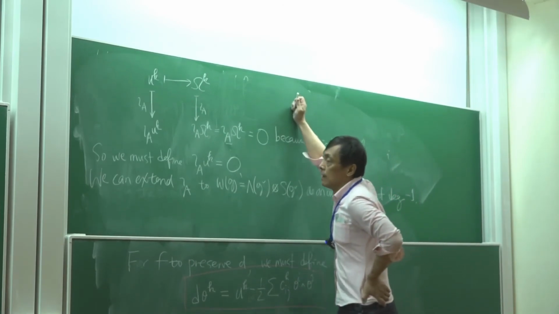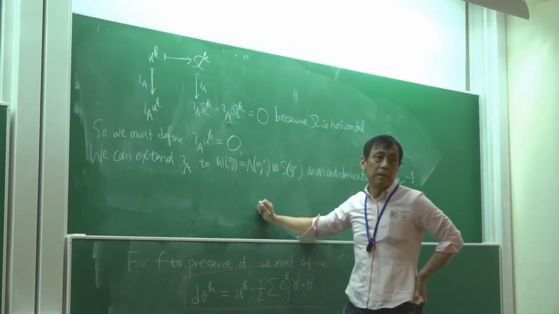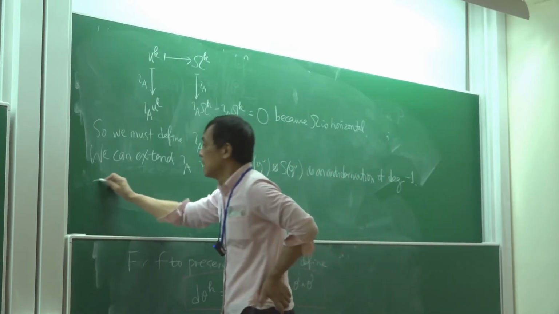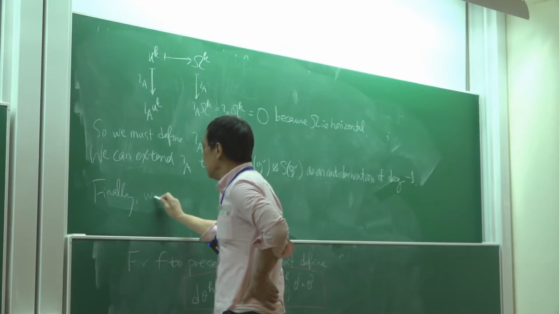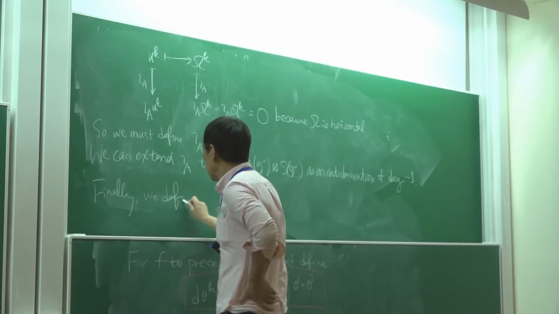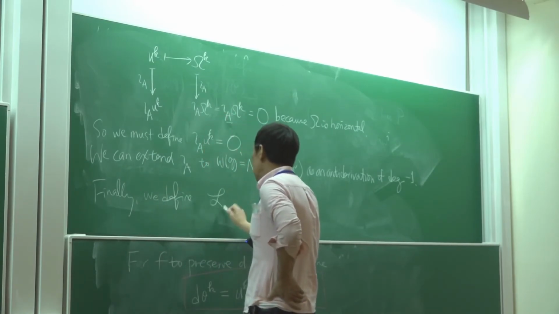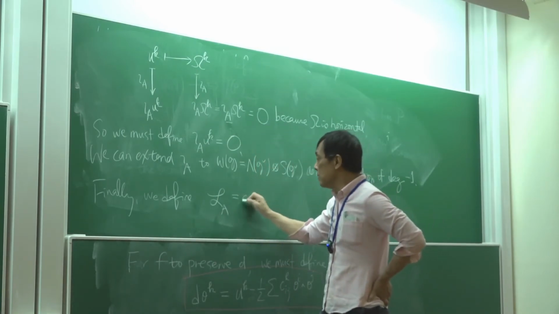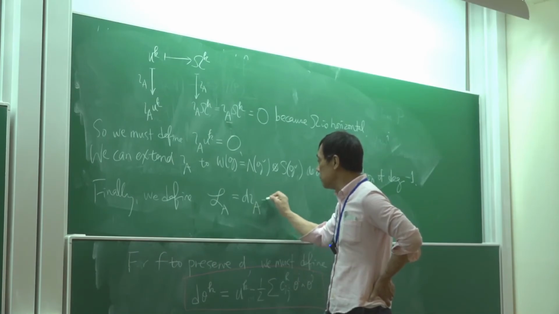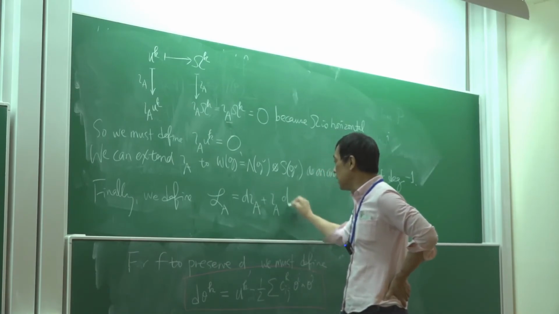So now you have IA, and then finally we define LA, the Lie derivative, by Cartan's formula, D IA plus IA D. Okay?